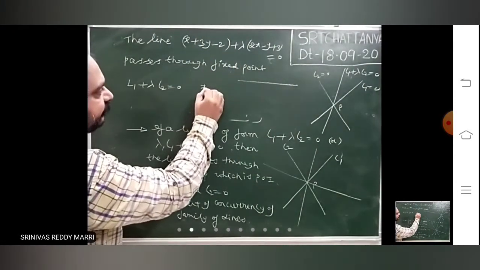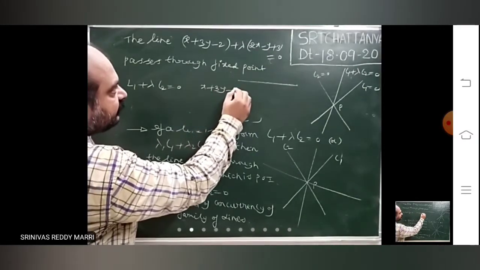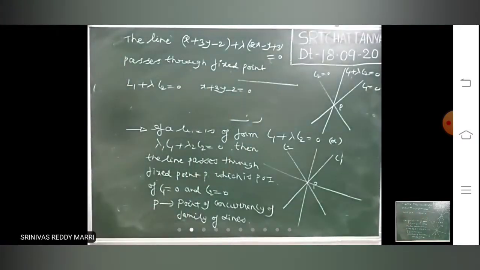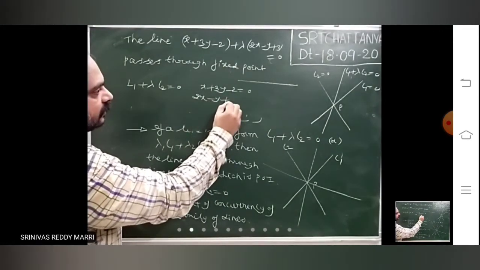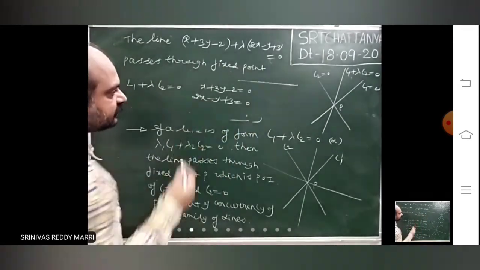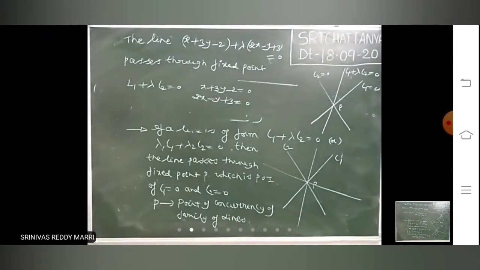Passes through fixed point means, what is that point? Take L1 equal to 0 and L2 equal to 0 and solve for the point of intersection.